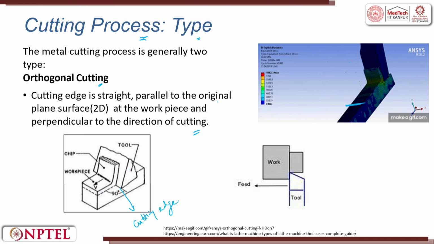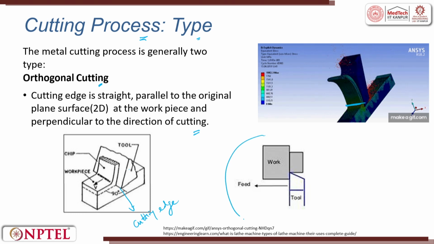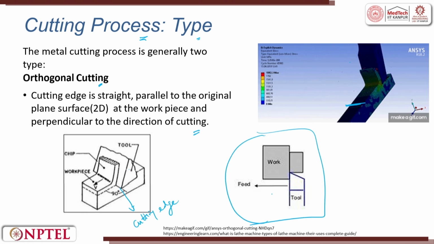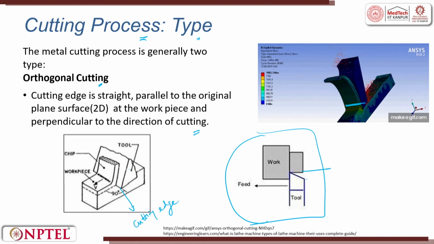So, parallel to the original plane in 2D of the workpiece and perpendicular to the direction of cut is orthogonal cutting. Examples of orthogonal cutting will be shaping. We will see that later. This is the schematic representation. If you want to express it in 2D, it is given here. Now you can see the feed, what I discussed in the previous slide, is given here, and this is called the depth of cut.